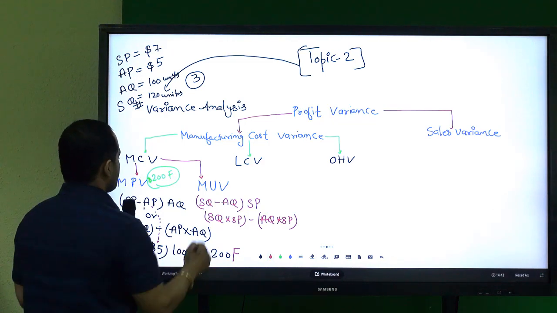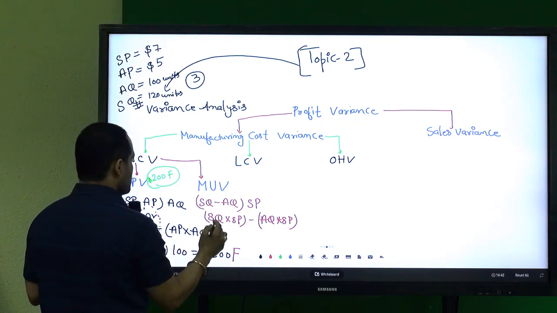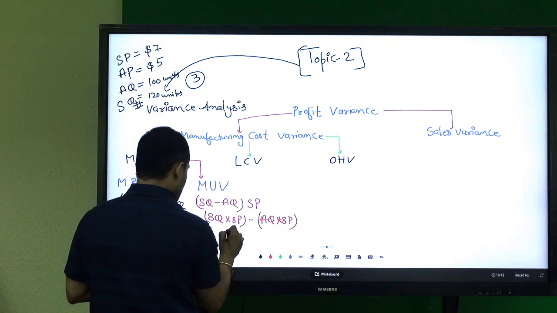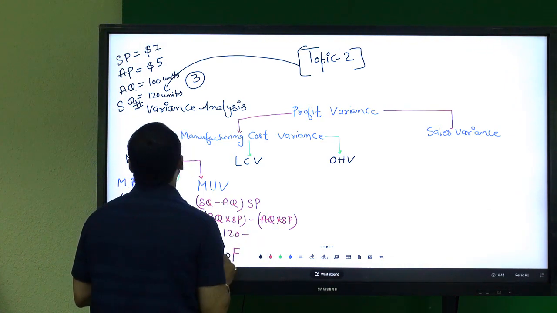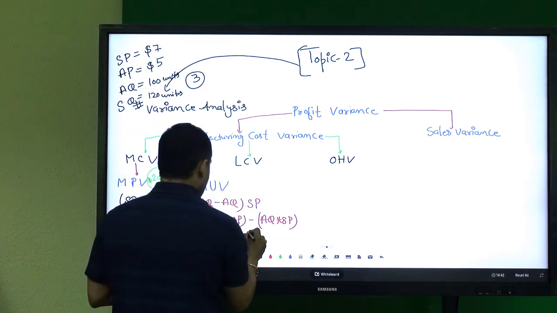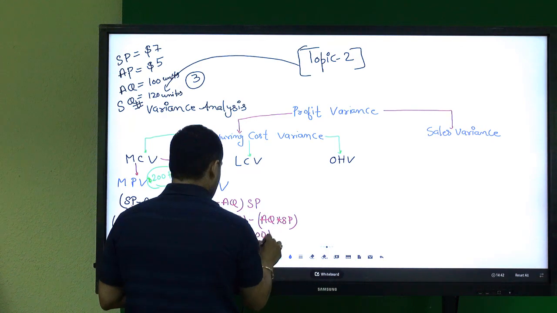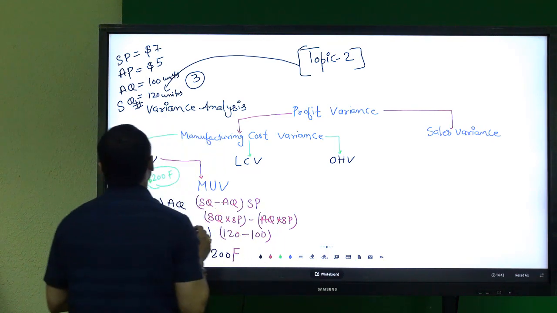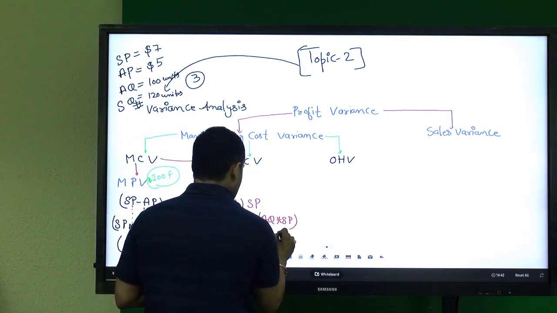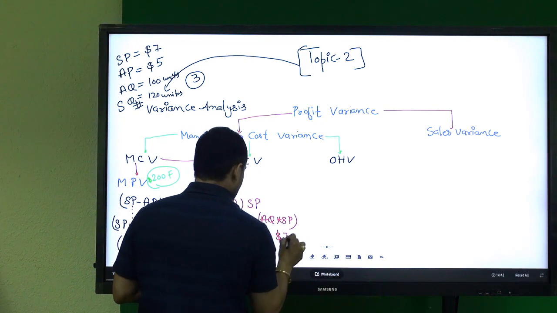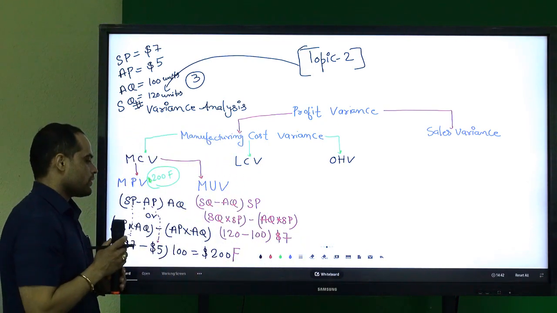My standard quantity is 120, minus actual quantity, which is 100, multiplied by the standard price, which is $7.